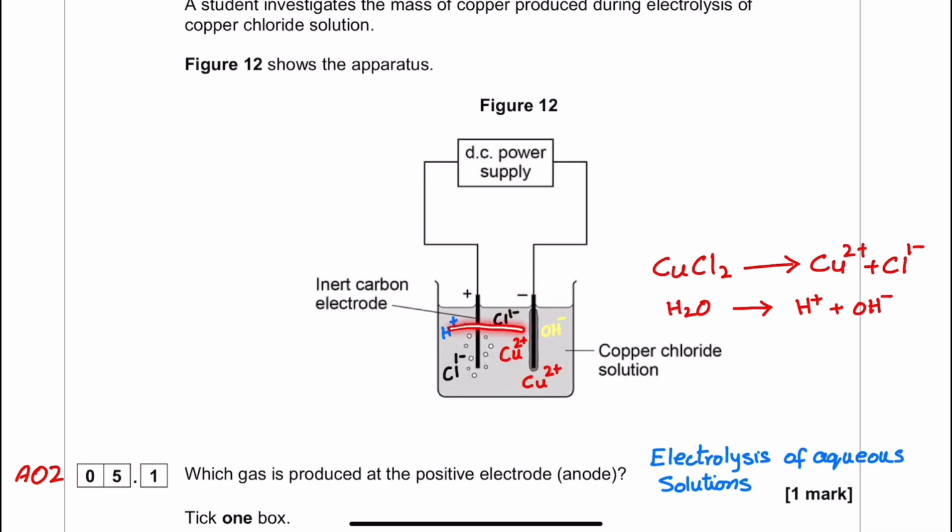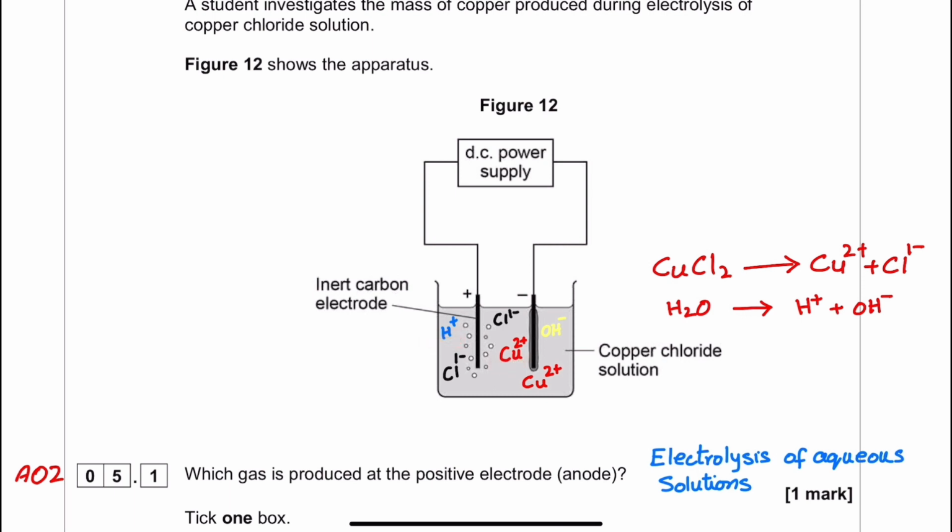So hydrogen will move towards the cathode, and copper ions will also move towards the cathode. Who is going to take the electron first, or who will reduce first by gaining the electron? We have to decide between the hydrogen ion and the copper ion.